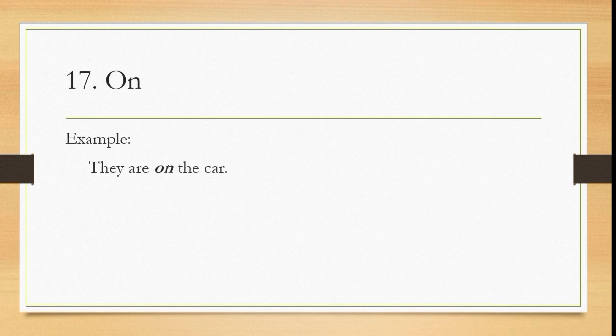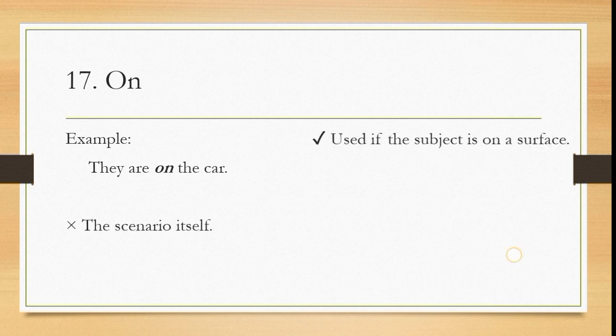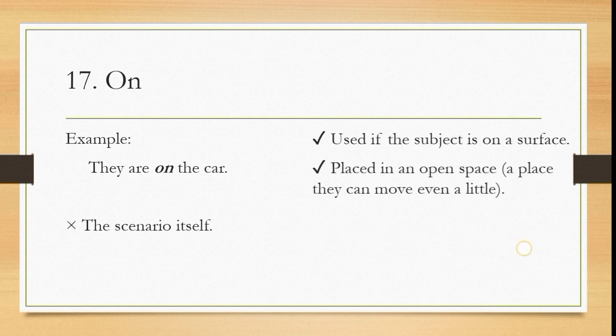Next is on. Example, they are on the car. The scenario itself is wrong because the word "on" is used if the subject is on a surface or in an open space or a place where they can move. Like for example, they are on the train. In the train we can move, so you're using the word "on" here.